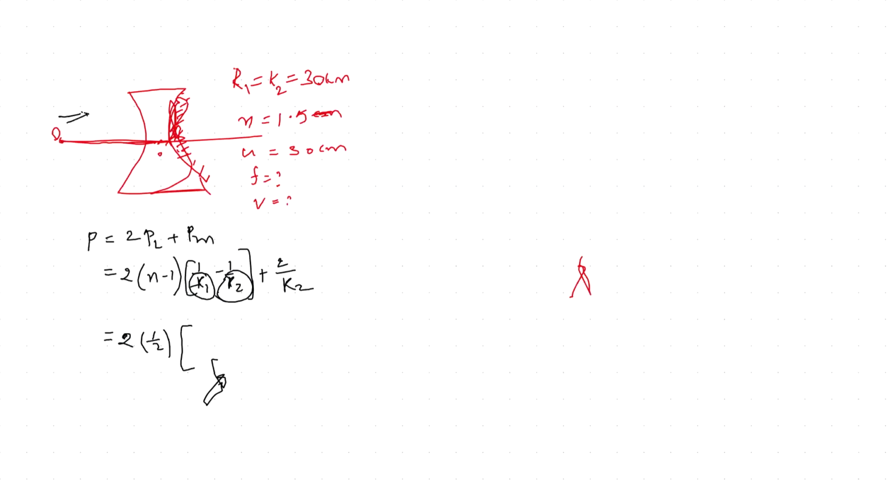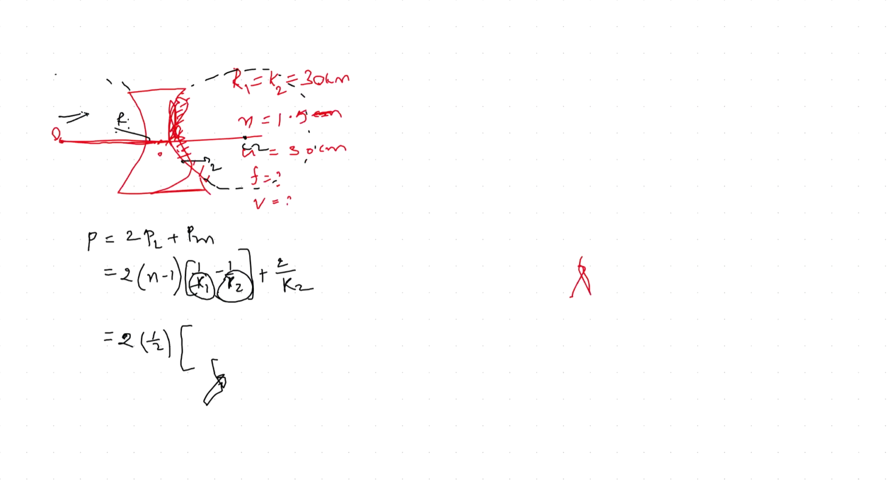The R1 is this one and this is R2, because the center of curvature is on this side. This curvature is part of this sphere, and the second curvature is part of this sphere.